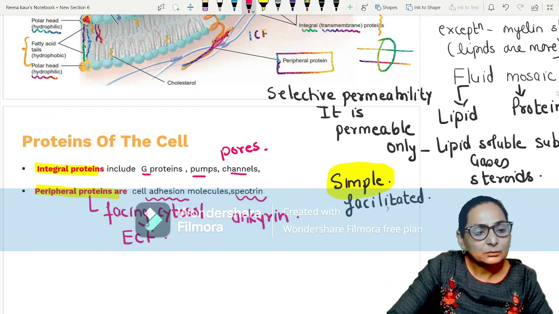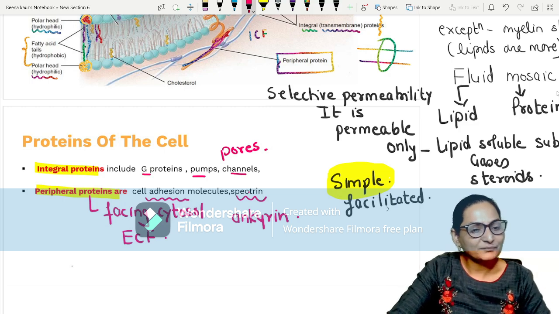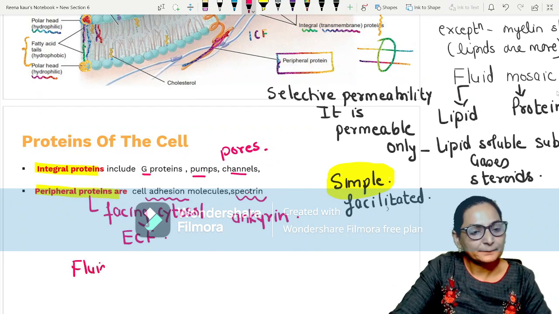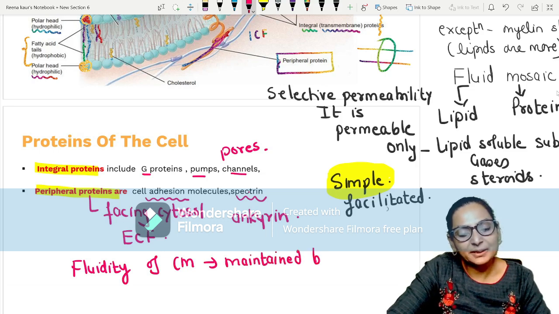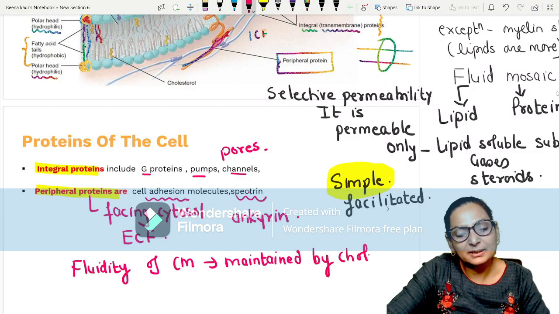Now, as I told you, you have got membrane fluidity. So remember that the fluidity of the cell membrane is maintained by cholesterol.